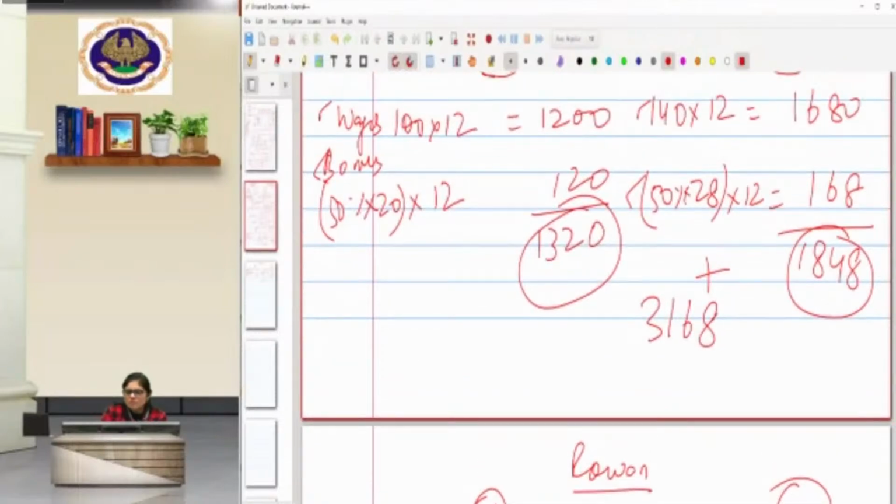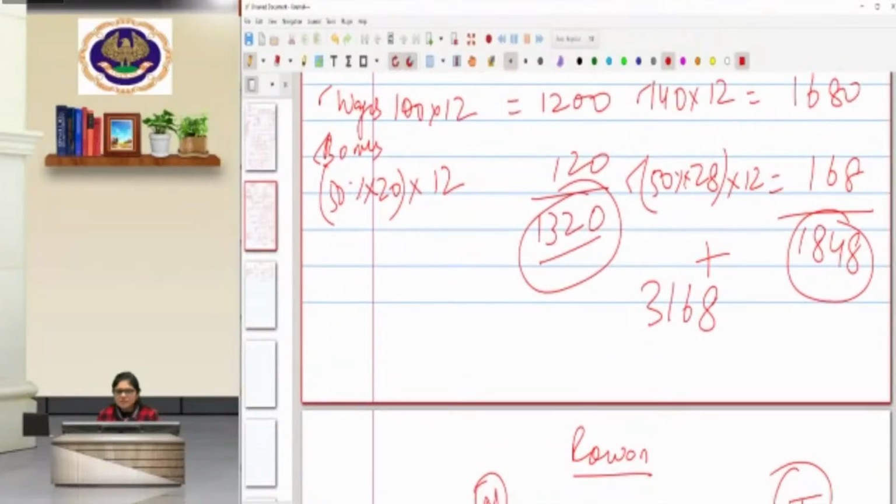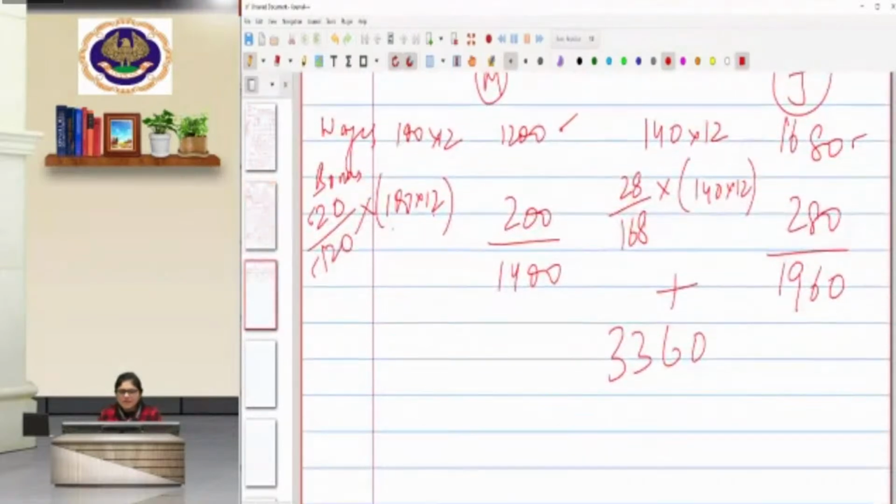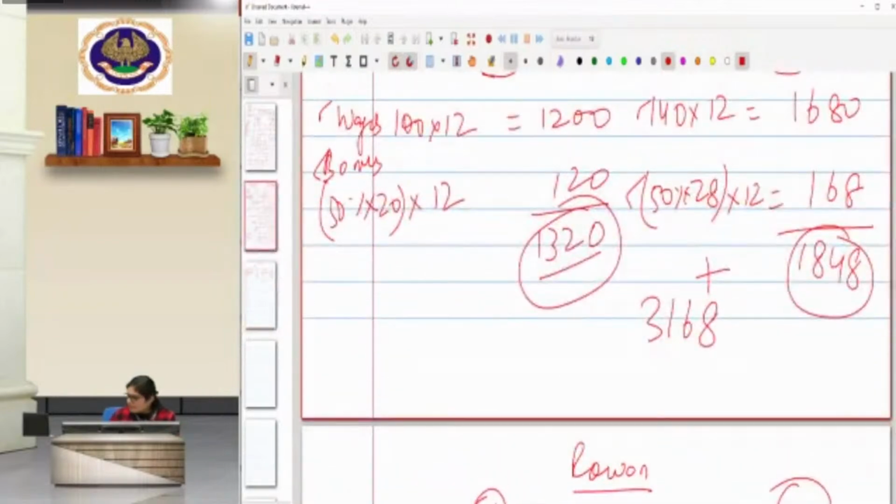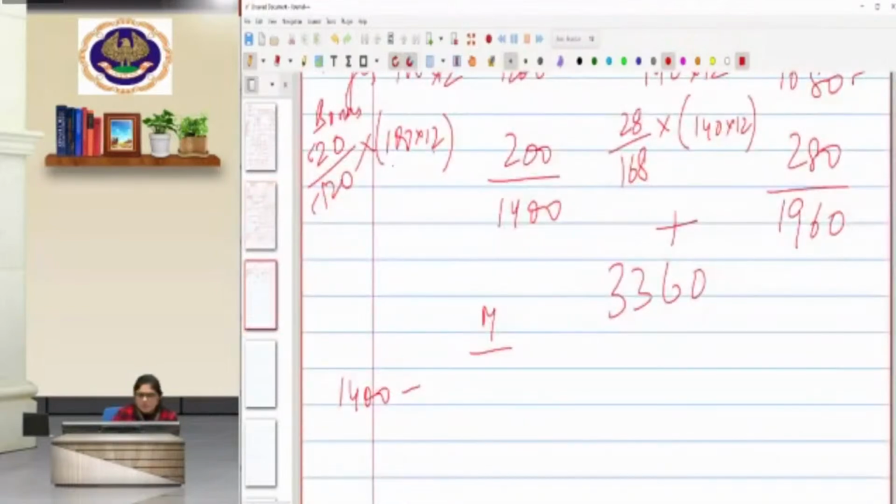So 1320 under Halsey and 1400 under Rowan, so M, 1400 minus 1320. So they are saying we followed the Halsey scheme, but if we followed Rowan, how much is the extra loss we would have suffered? See, 1400 is also the loss. 1320 is also the loss. But if we had followed Rowan, how much is the extra loss we would have incurred?